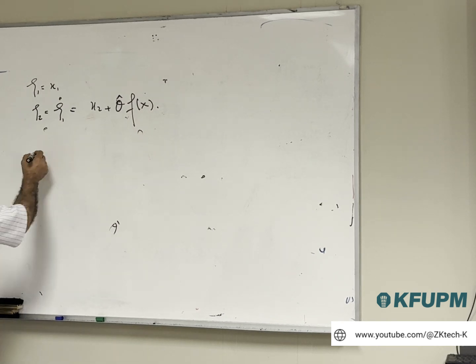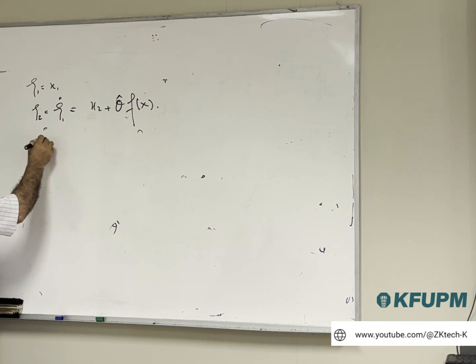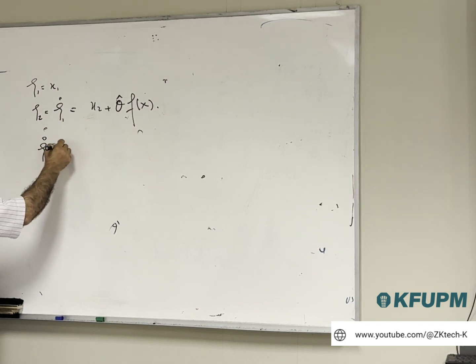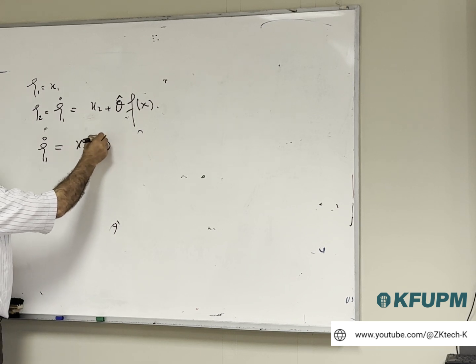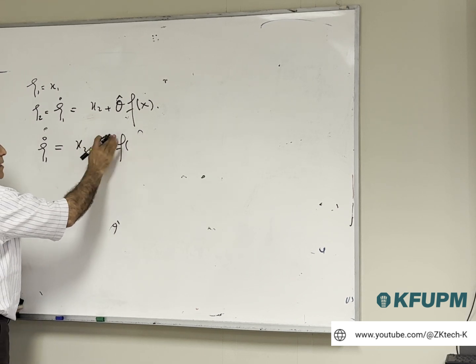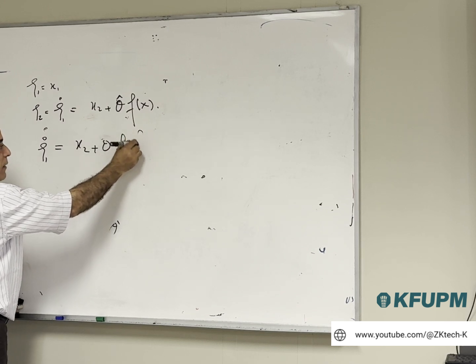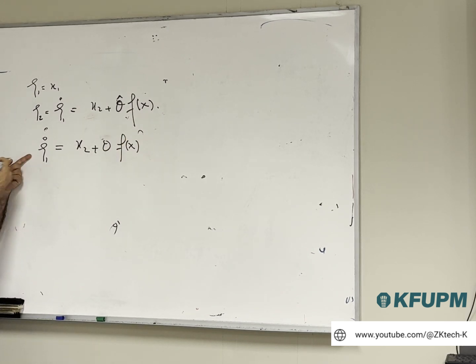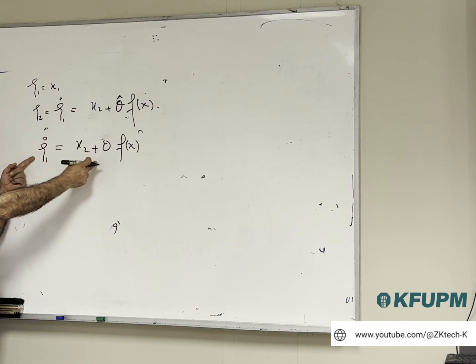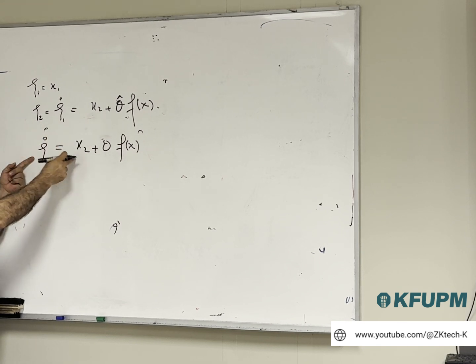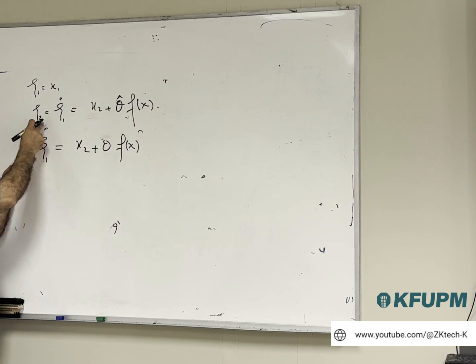Then we go back to our system. We have zeta 1 prime, which is equal to zeta 2. Zeta 1 prime in my system is equal to x2 plus theta multiplied by f of x. So zeta 1 prime, according to my new notation, is not equal to zeta 2.